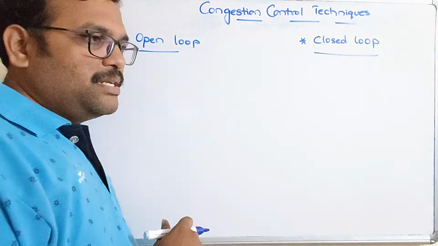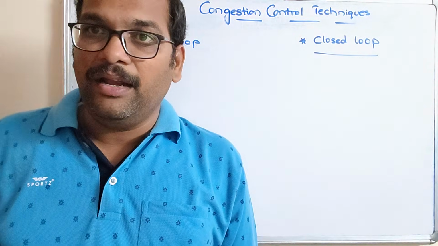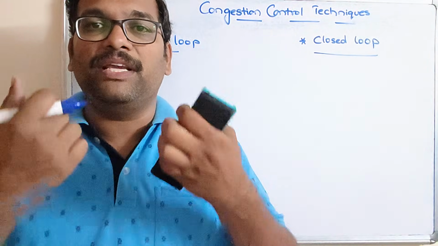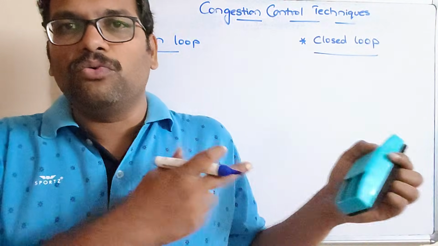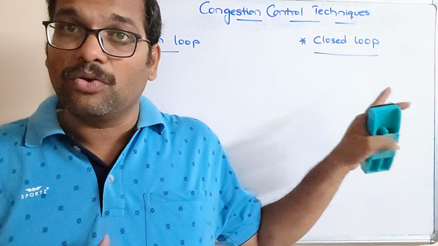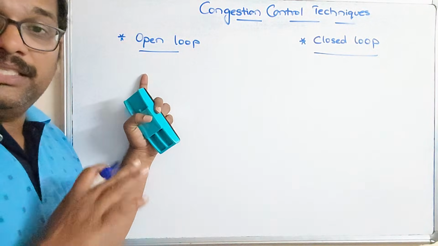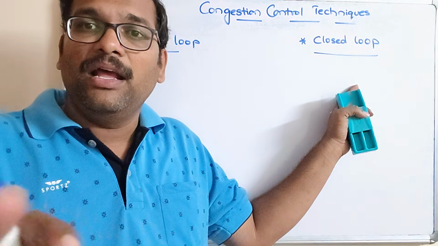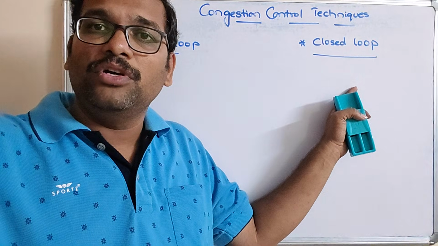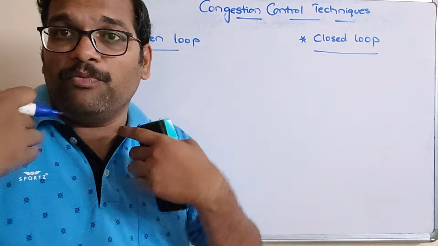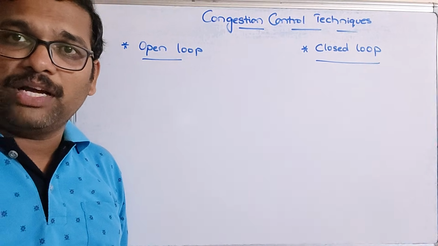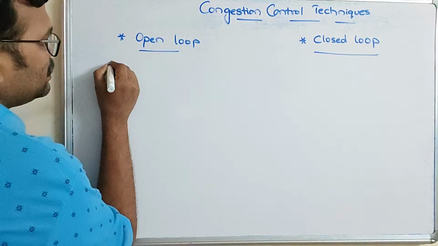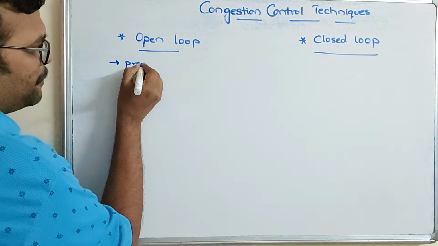And closed loop means once the design is completed and once the congestion occurs, then what things we have to take to control the congestion is closed loop. So here the congestion doesn't occur, but here the congestion occurs and we are supposed to take the precautions. So this is prevention based.